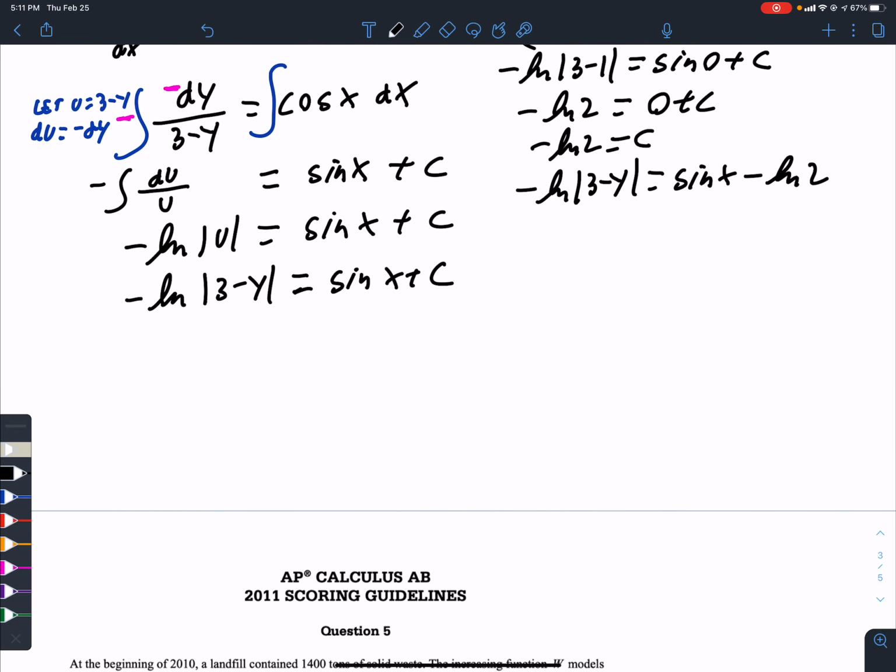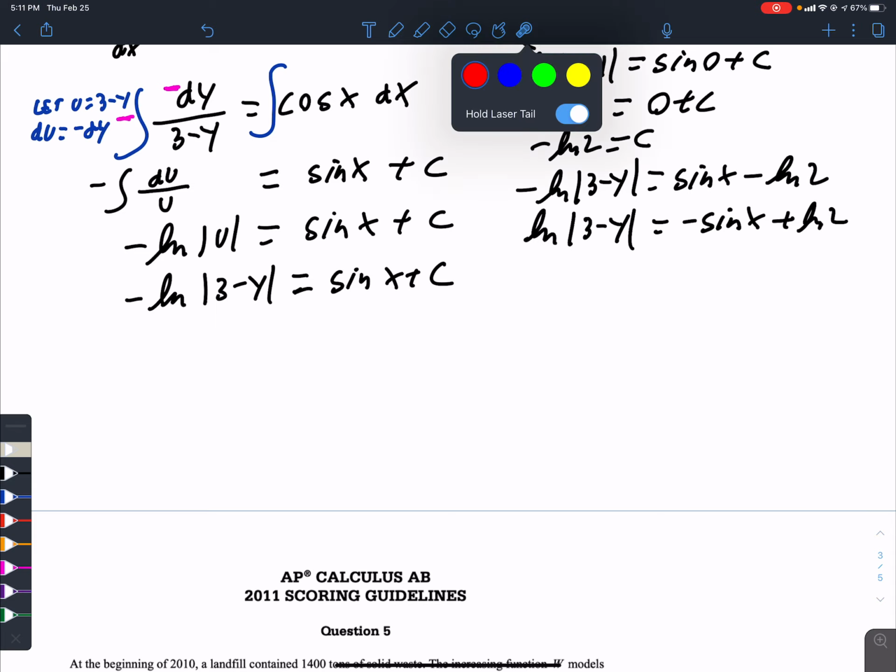Here we go. I'm going to have to do some fancy schmancy work here. And actually, this one's not too bad. Now that I look at it, it's not too bad. So I'm going to multiply everything by negative to get rid of that negative, okay? So I'm going to get ln absolute 3 minus y equals, it's going to be opposite sine x plus ln 2 because I multiplied by negative, so these switch signs.